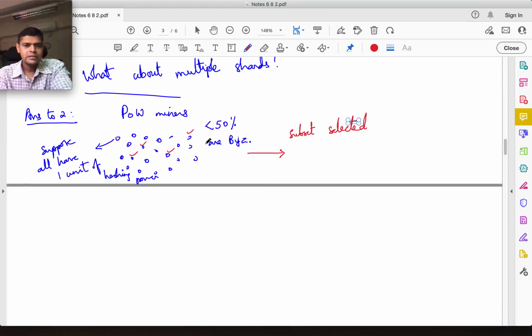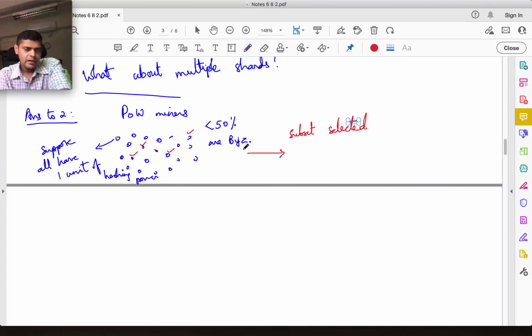This is a straightforward problem. Depending on how exactly we are going from here to here, whether we are choosing exactly a certain number, or it's a random number of some n, where n can vary a little bit, essentially we are choosing any of these in a coin flip experiment. And we want to find out the probability that a certain number of those selected are Byzantine or not.